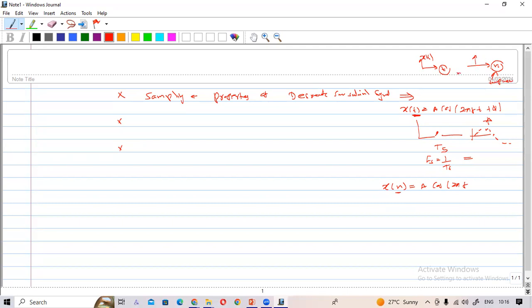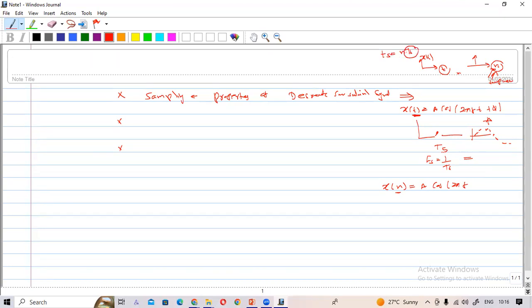It can be minus infinity to plus infinity, an integer: 0, 1, 2, minus 1, minus 2, and so on. But this integer n is related to time. The corresponding time is equal to nTs.